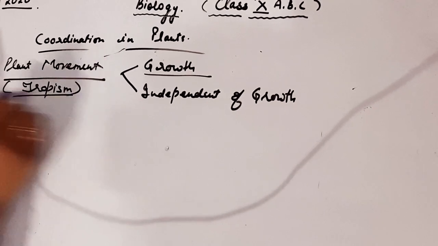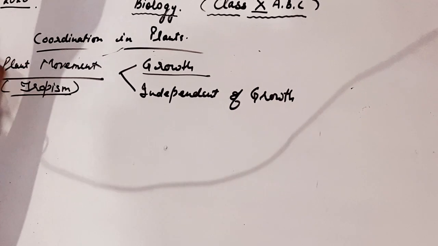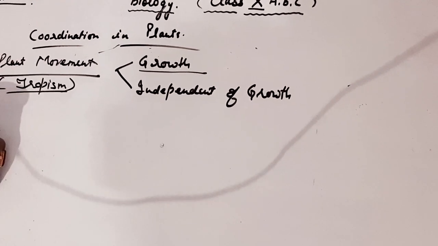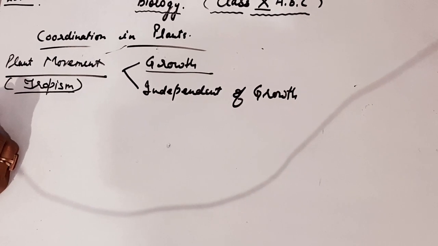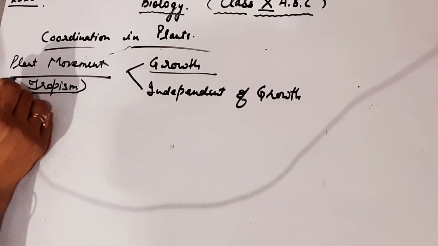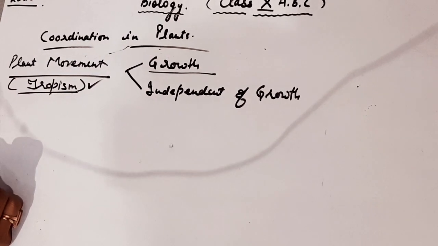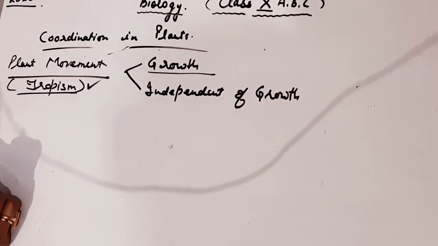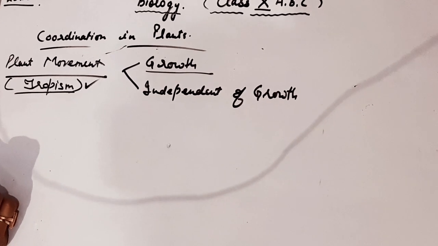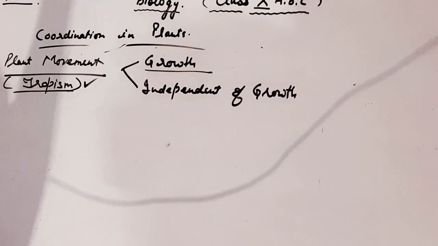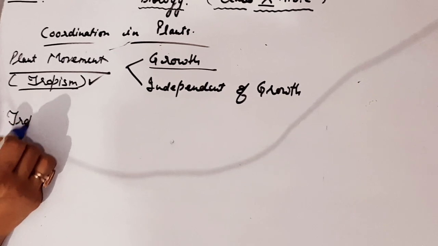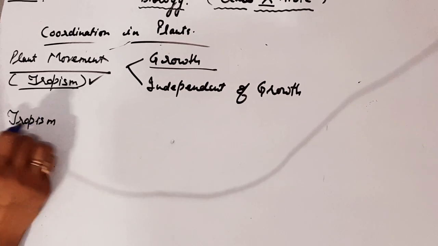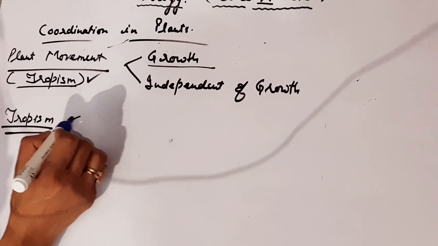In simple words, tropism means plant movement in the direction of stimulus. I hope you have well understood the term tropism. Let's start the topic tropism in terms of growth. Tropism we see in the following ways.